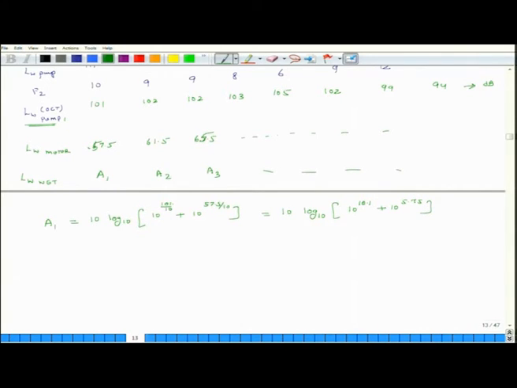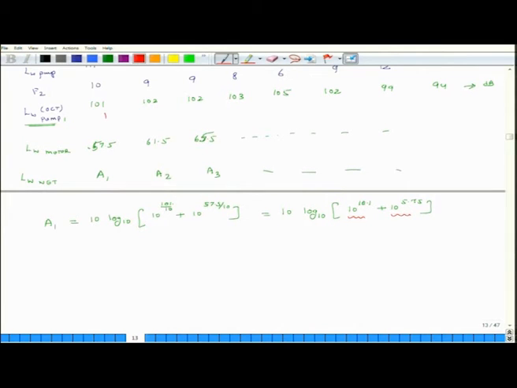Now, when you look at these numbers, 10 to the power of 10.1 is extremely large compared to 10 to the power of 5.75. So, I don't even have to do the math. When I add them up, the sum will be same as 10 to the power of 10.1, roughly, right? And if I take its 10 log, it will be still 101 decibels.